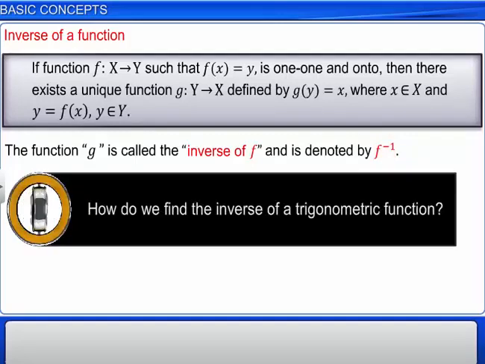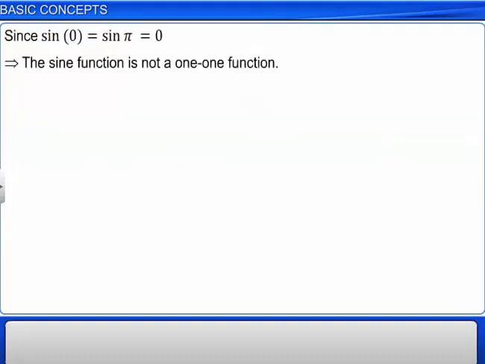Now, using the concepts of the inverse of a function and the domain and range of trigonometric functions, let us find the inverse trigonometric functions. Let us begin with the sine function. As the values of sine 0 and sine pi are equal to 0, it is not a 1, 1 function.